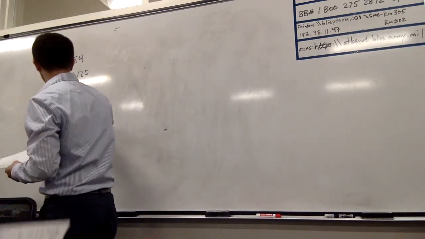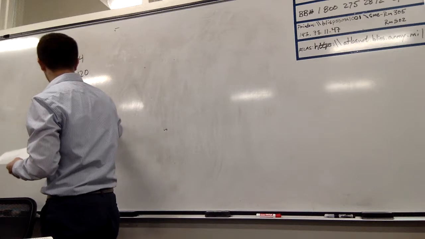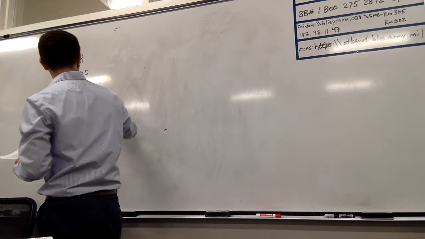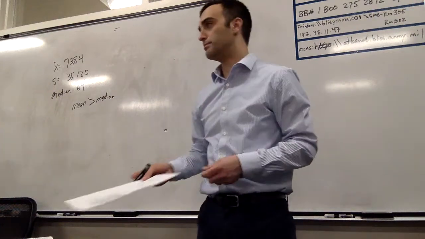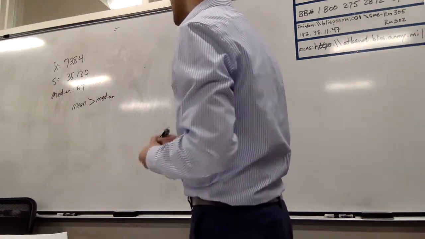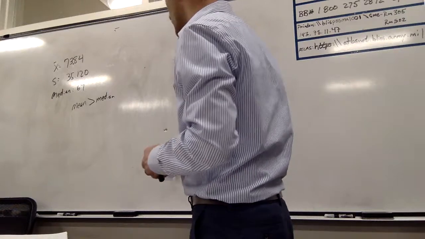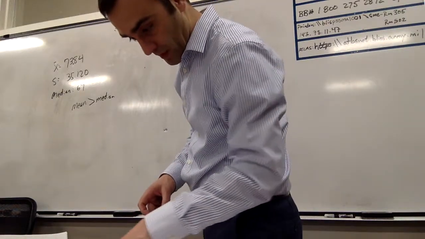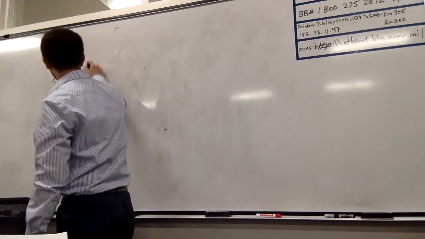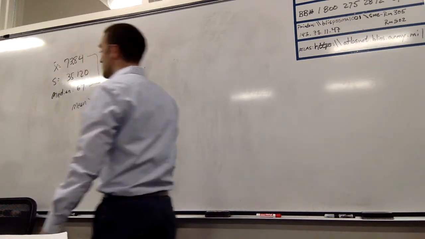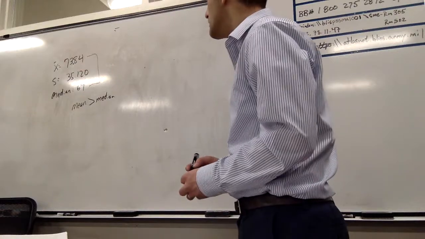So what you see is that the mean is greater than the median. It means outliers, it's skewed positively. It means outliers at the high end are pulling the mean toward it. So yes, it has skew. You know that because the mean is greater than the median. So it's a positive skew.